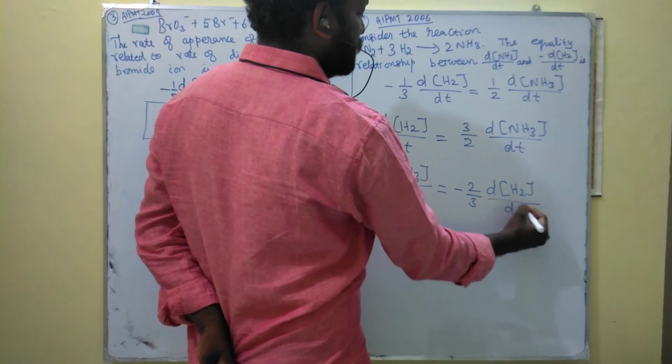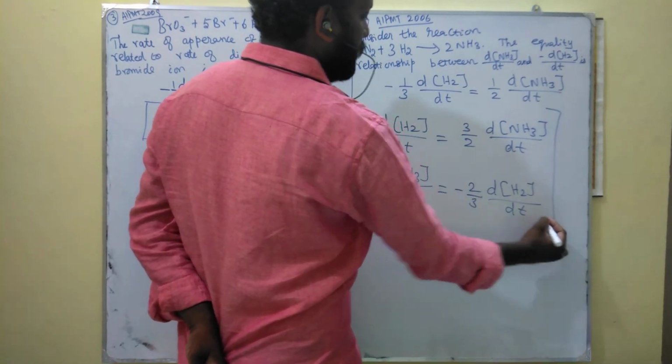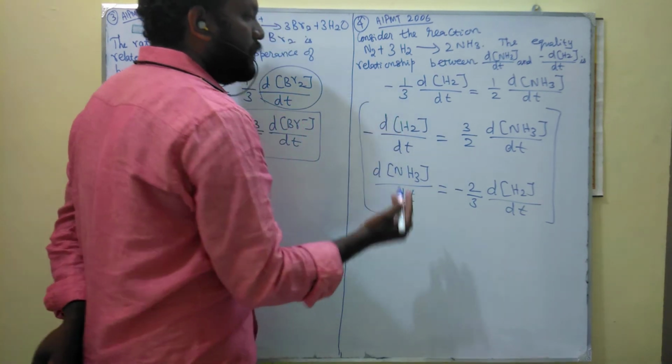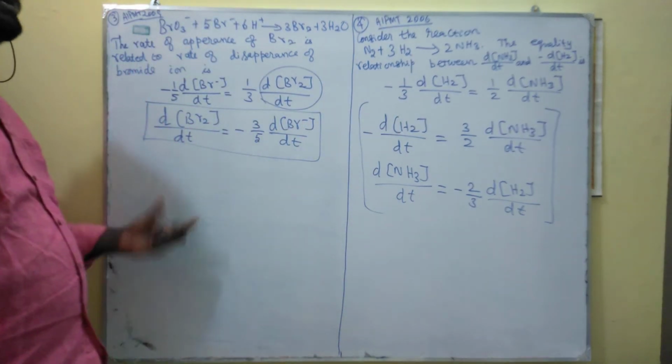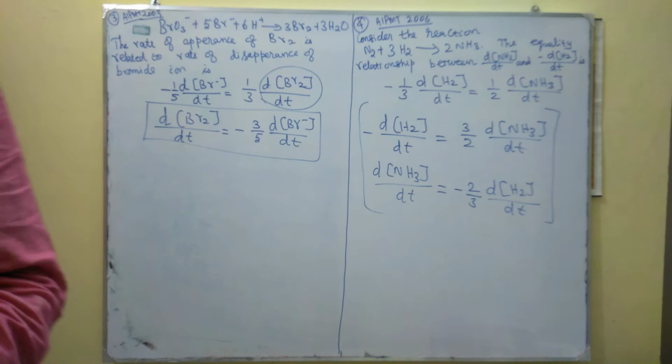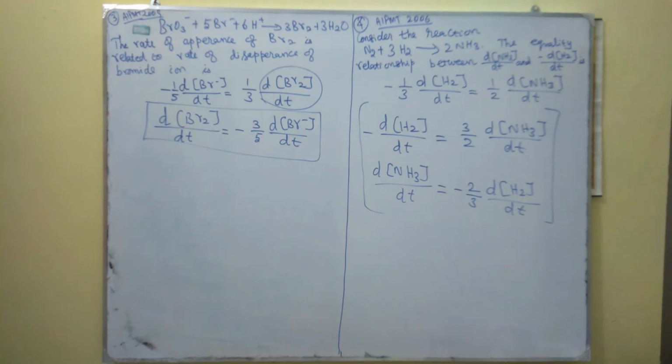Both answers are possible, so based on the options given in the question, you have to choose the answer. These are very basic questions asked in competitive examinations. If you know how to write the rate of reaction, you can answer these questions very easily.